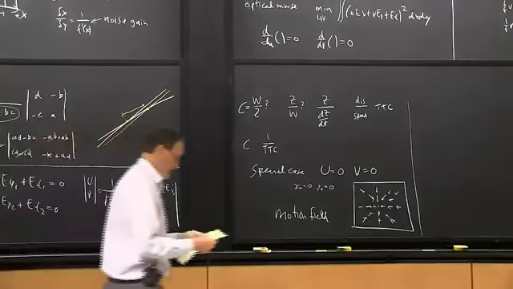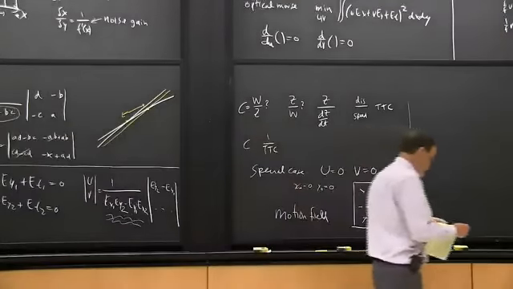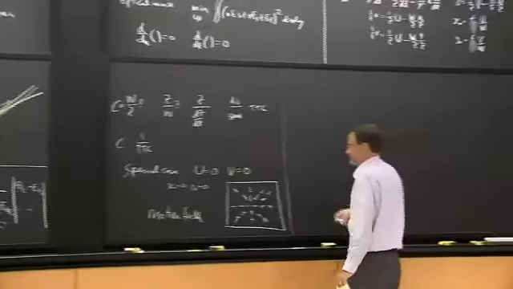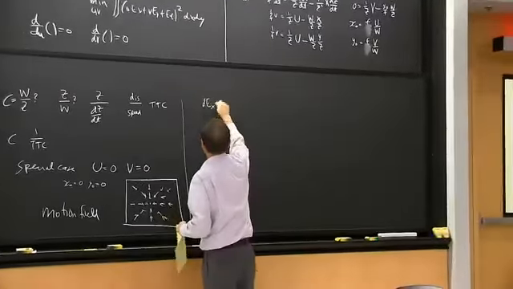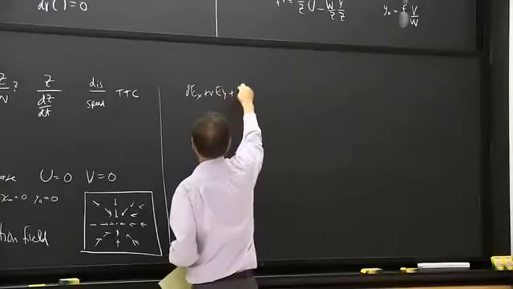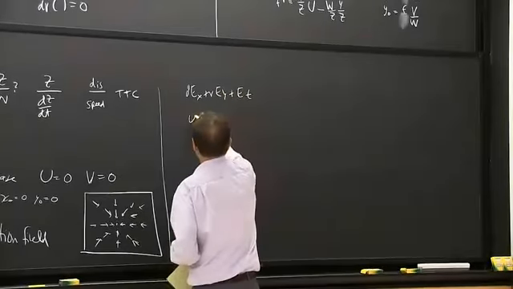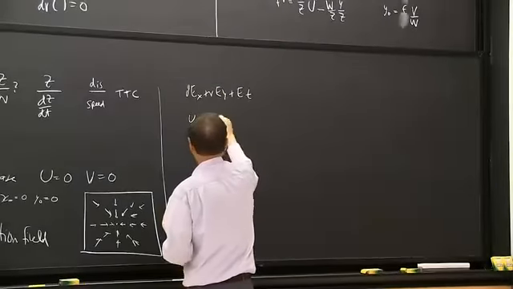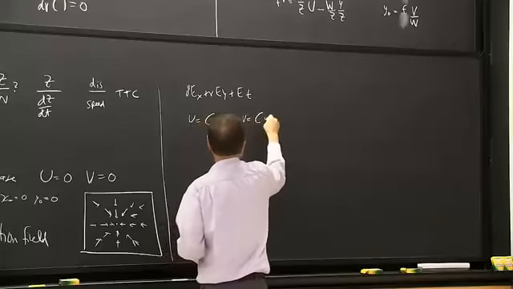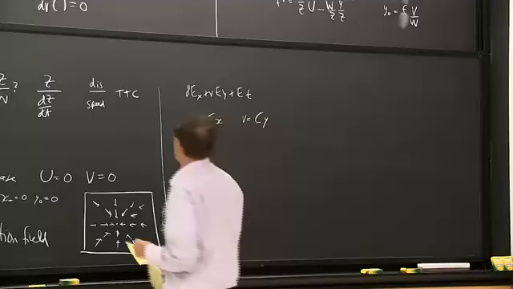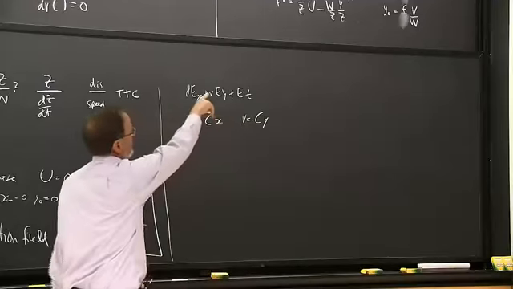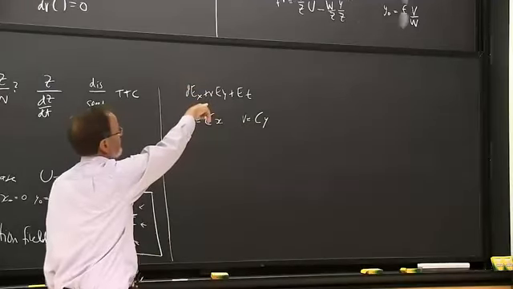So what can we do with this? In this case, we go back to the same old equation. And now in this particular case, we've made the capital U and the capital V 0.